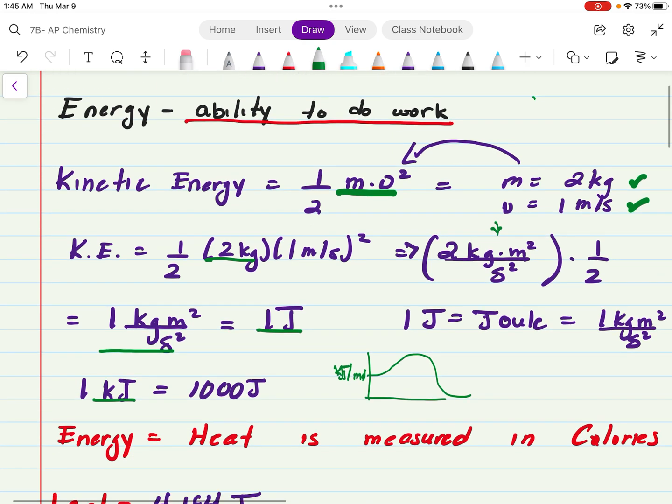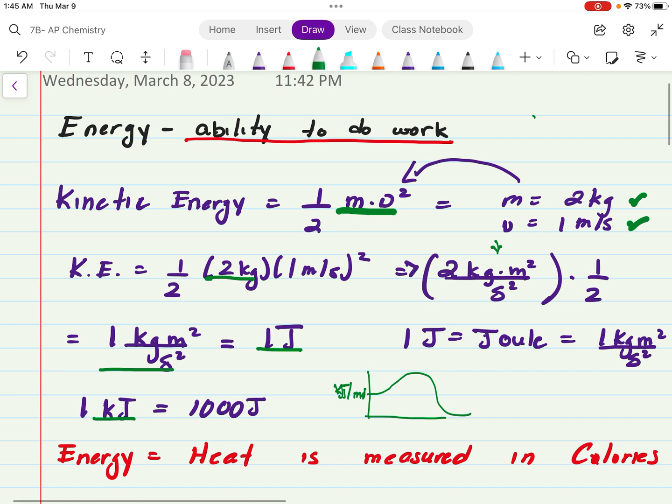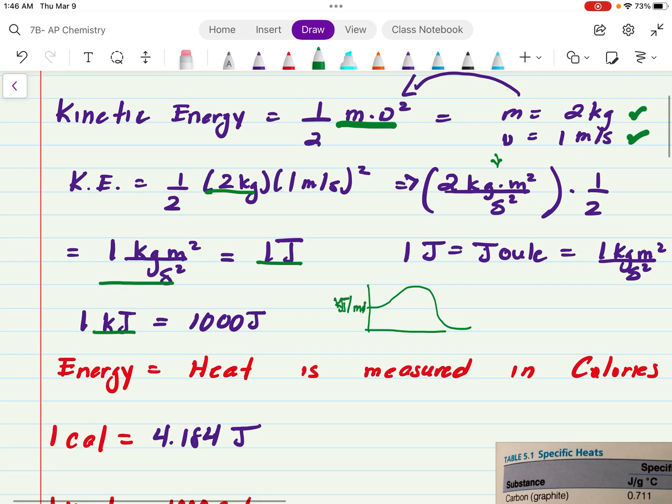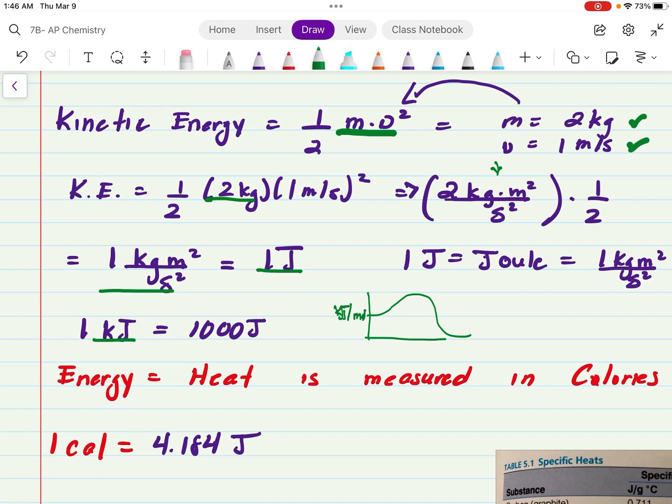Now, when we're talking about energy in a system, we're talking about heat. One of the byproducts of energy being absorbed into a particular system is heat. So heat is measured in calories. 1 calorie equals 4.184 joules.